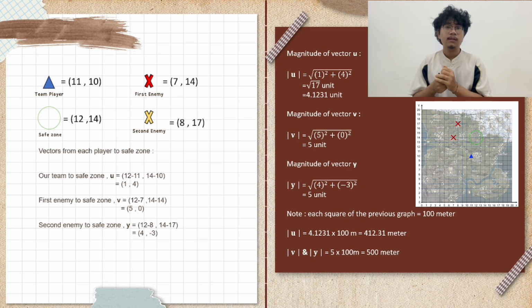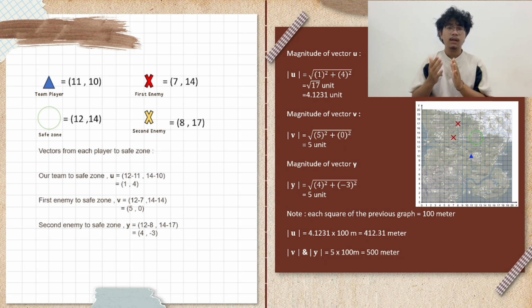What we get is 412.31 meters. For vector v and vector y, we get 500 meters by multiplying the magnitude, which is 5, by 100 meters.